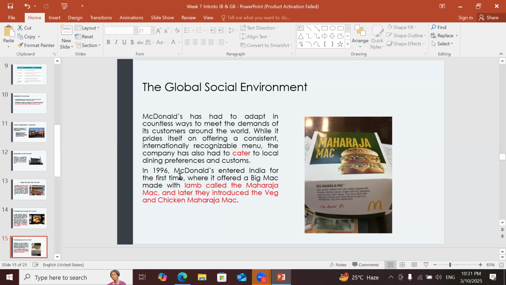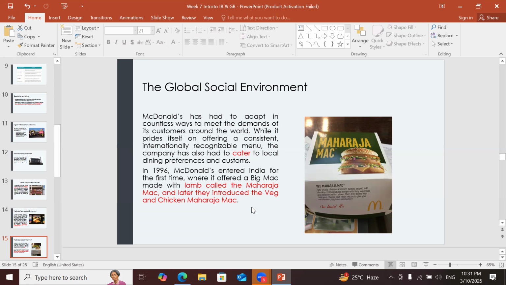As an example, in 1996 McDonald's entered India for the first time, where they offered a Big Mac made with lamb, called the Maharaja Mac, and later they introduced the veg and chicken Maharaja Mac. That means in Indian culture, they try to keep the name of the product or business India-related or culturally based.